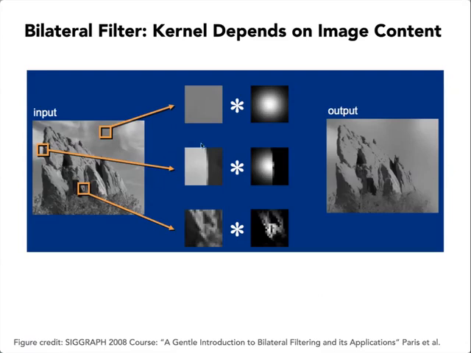If you look at this image patch here, it's going to be an edge, right? It's white on one side, black on the other side. And the Gaussian filter that's going to apply for that particular pixel at the center of this region is going to be a Gaussian that looks like this, but it's going to be all 0 over here on this side because these intensity values are very different from the target intensity value at the center.